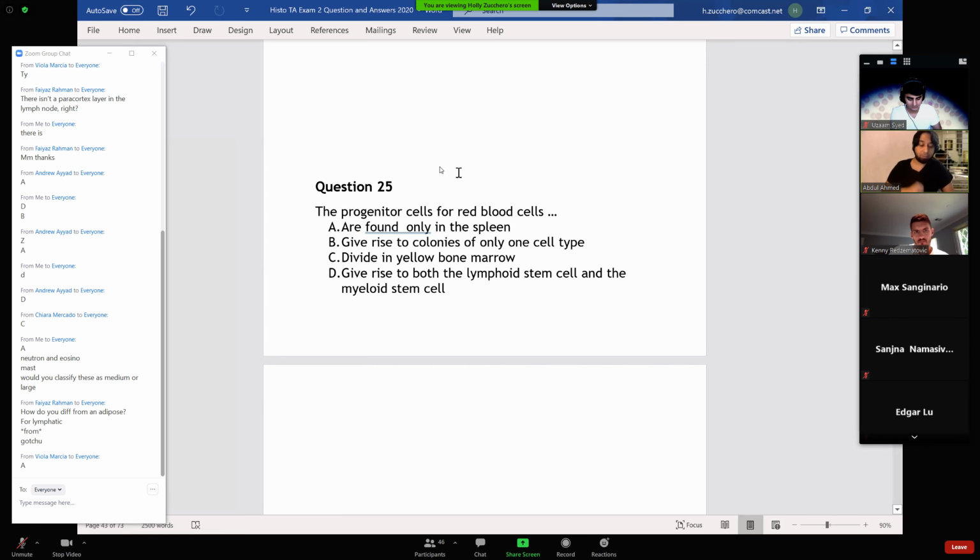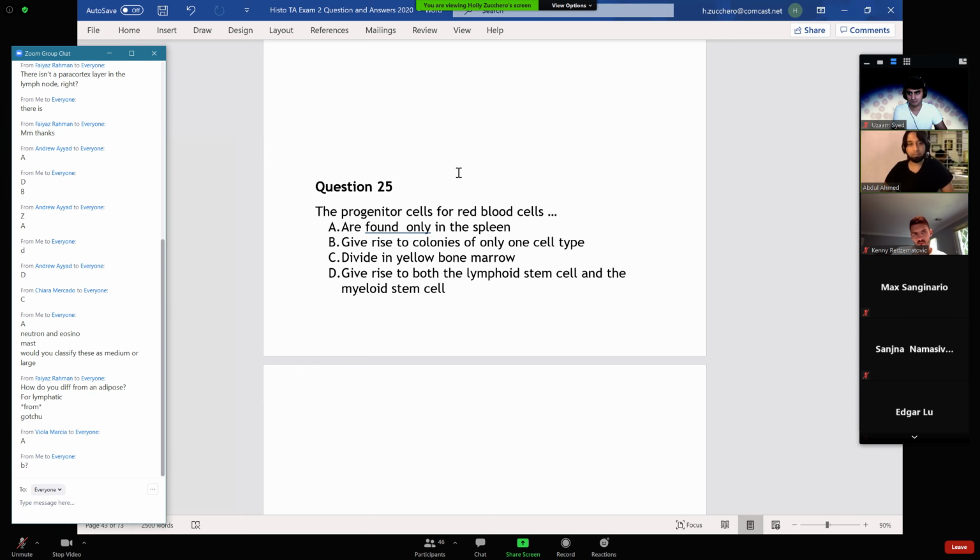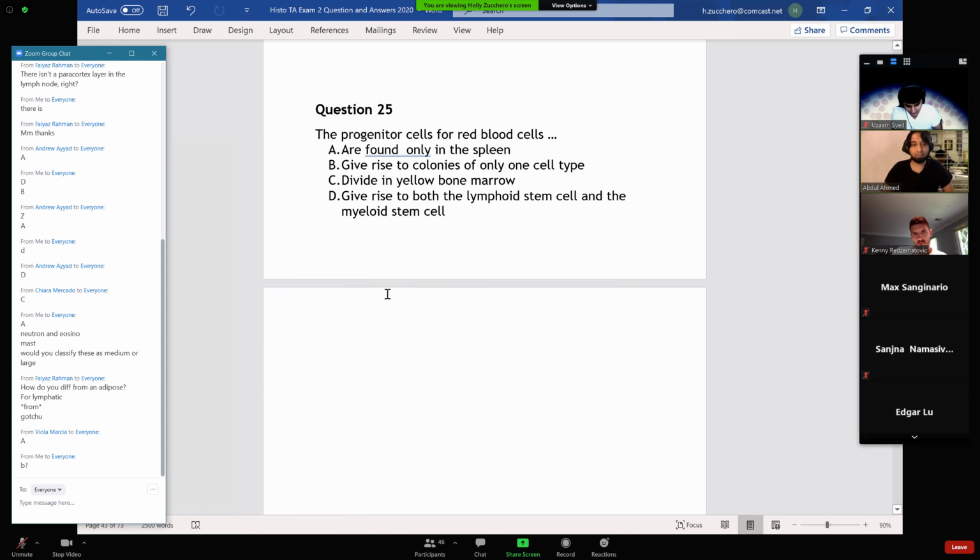Okay, so now we're talking about progenitor cells. Does anyone know the answer? Okay, so yes, the answer is B. Progenitor cells are not going to be found in the spleen.